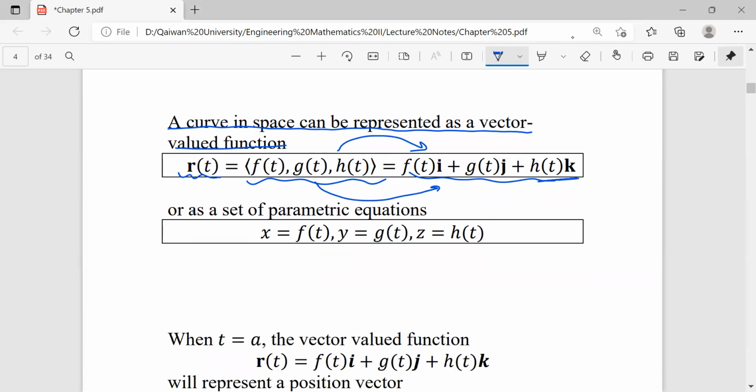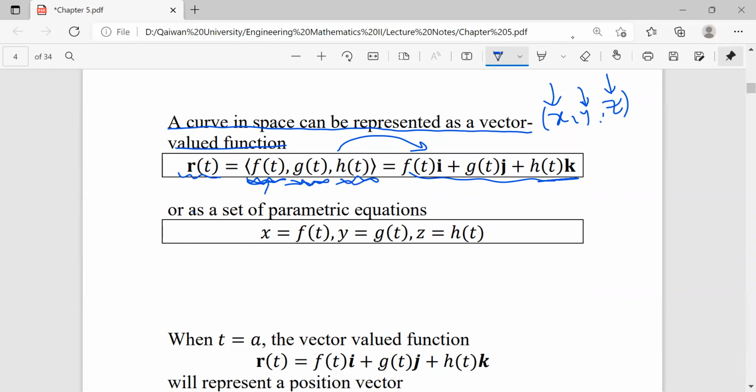Or we can write it as a set of parametric equations. The first component we denote by x, because in space we have x, y, and z. So the first component is x of t, the second one is y, the third one is z.